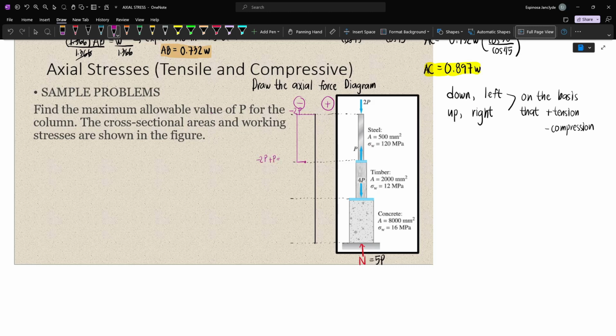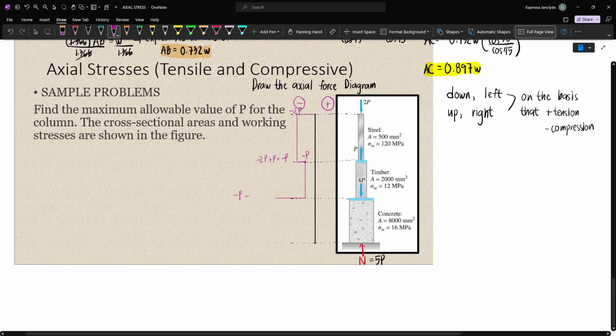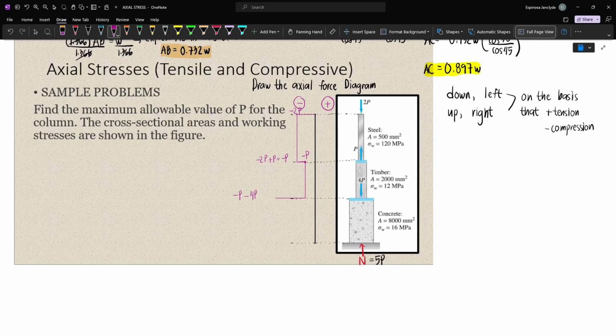And so minus 2P plus 1P, that will be minus 1P. And then let's draw another vertical line. Now, at the top part of the concrete section, we have 4P acting downward. And so we'll move again to the left. Now, minus 1P minus 4P will give us negative 5P. And then at this point, we will now draw another vertical line up to the bottom part of our figure.